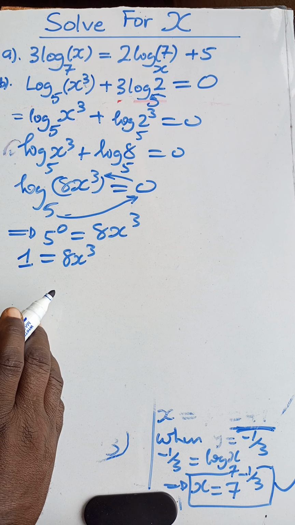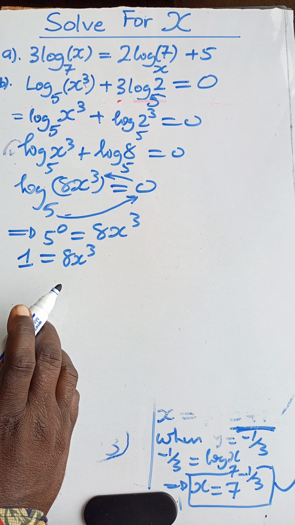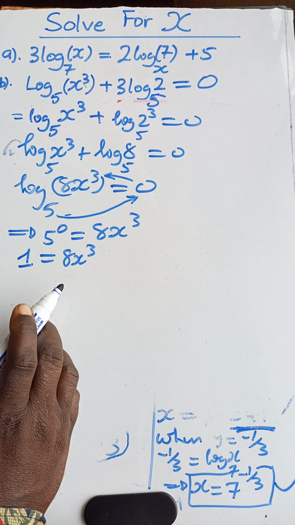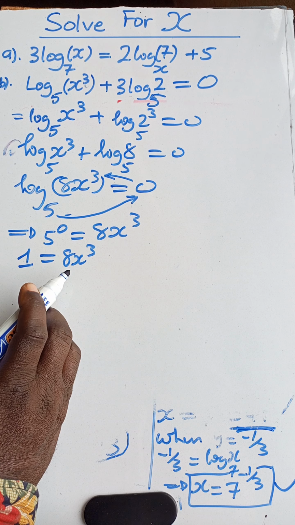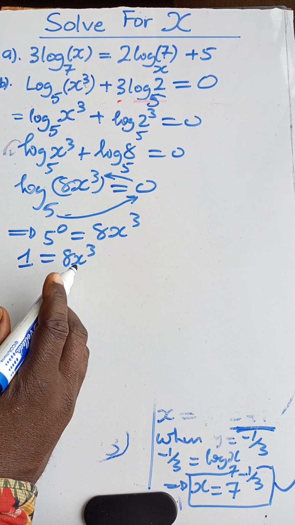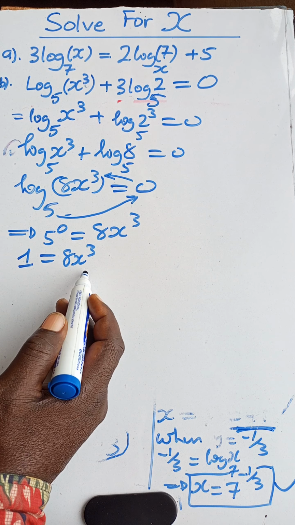Now, to solve for x, what do we need to do? We need to solve this equation. The best thing to do is to bring this 1 to the right hand side, so that we'll have 0 is equal to 8x cubed minus 1.